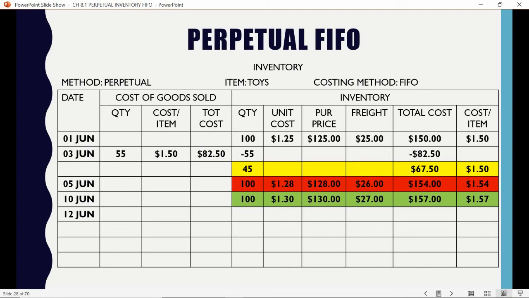Let's take a look at my batches of inventory. I need to sell 120 units. Looking at my batches of inventory, if I keep it in the exact order, and using the costing method of FIFO, which batch of inventory am I going to sell from first?